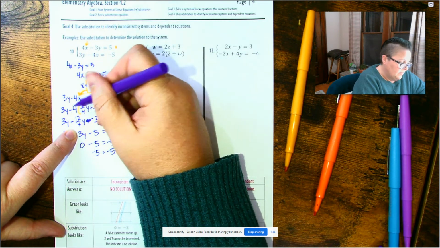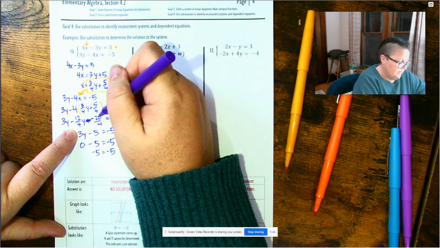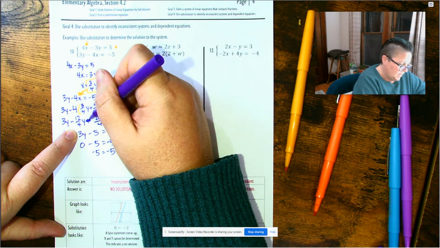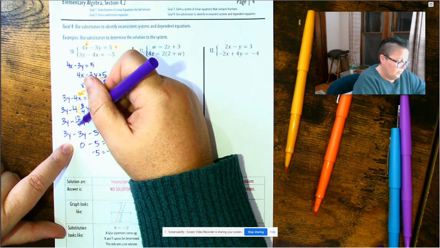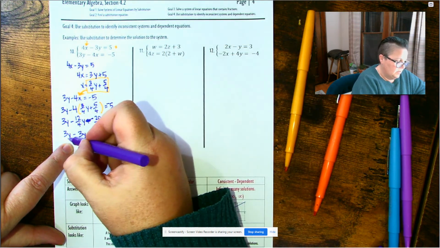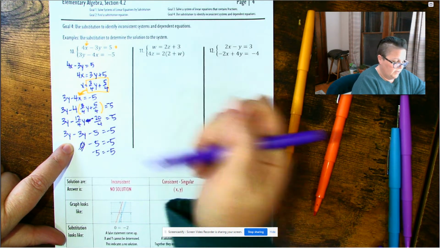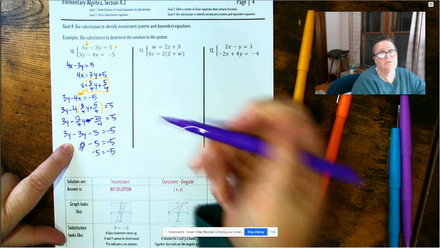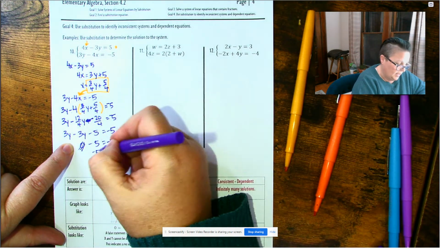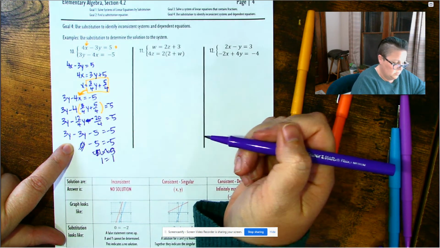So that's a negative 4 times 3, minus 12. 4 times 5 is 20. Positive, negative, negative. 12 over 4 is 3. 20 over 4 is 5. 3 y's, take away 3 y's, leaves nothing. I have a negative 5 is a negative 5. I could divide both sides by negative 5. That would give me 1 is equal to 1.